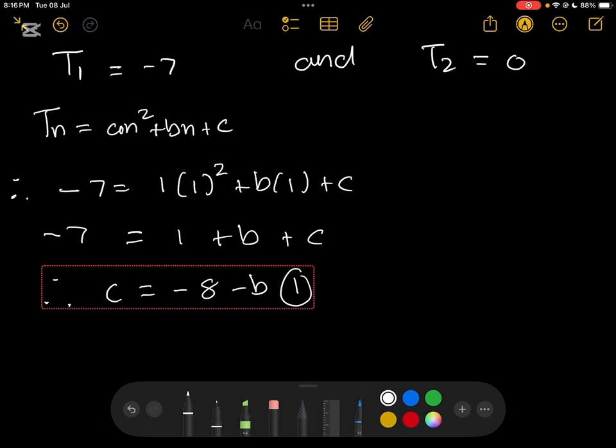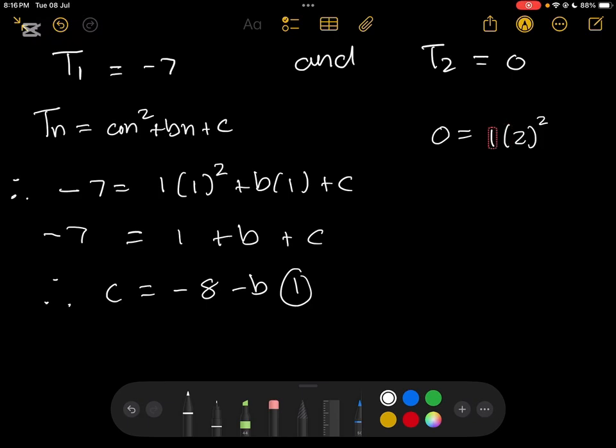Now, if I look at T2, T2 is 0. A is 1. 1 times 2 squared plus 2 times b plus c.